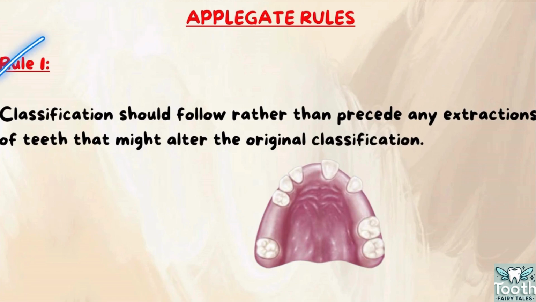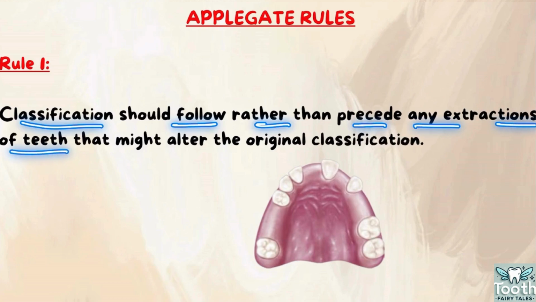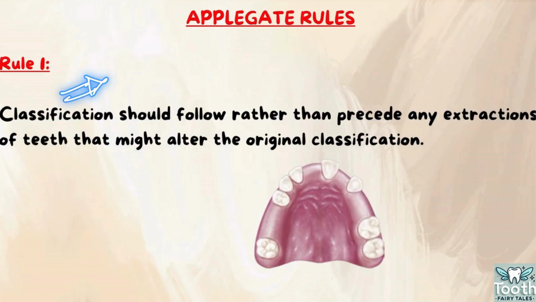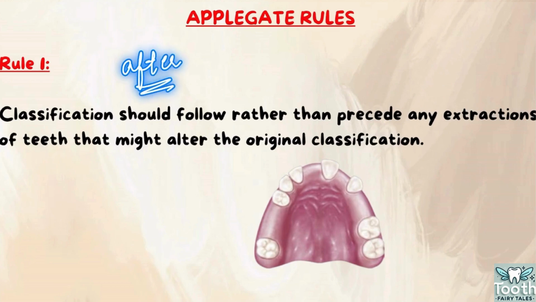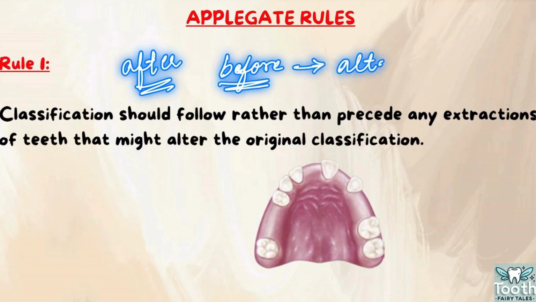The first rule states that classification should follow rather than precede any extractions of the teeth that might alter the original classification. That means the classification should be done after the extractions. If the classification is performed before the extractions, after the extraction there is a chance for alteration in the classification.